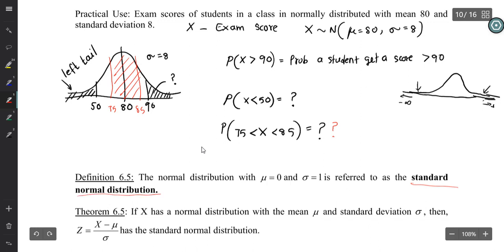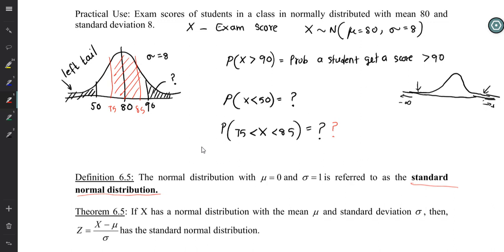That means any normal random variable can be represented as a standard normal distribution. Any random variable having a normal distribution with any mean mu, any standard deviation sigma, can be transformed into a standard normal distribution.